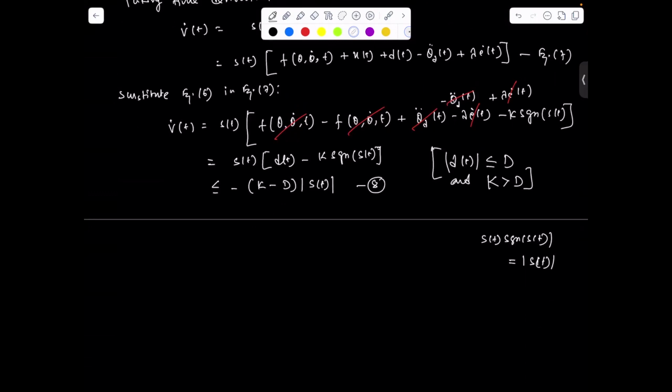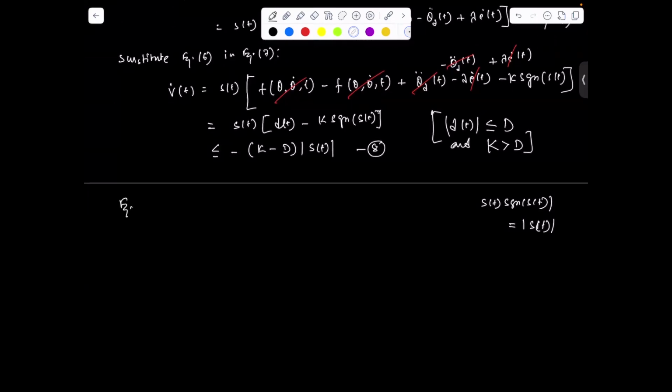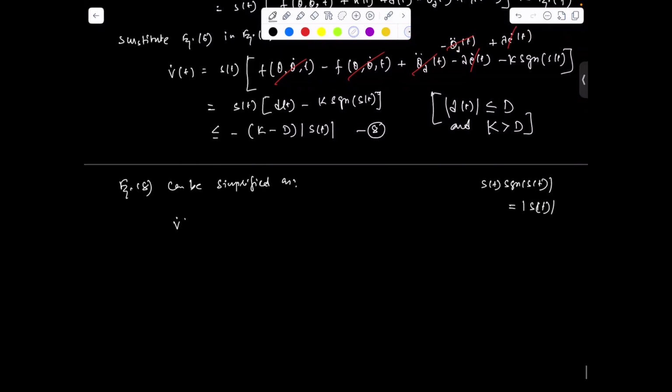So equation 8 can be simplified as V dot less than or equal to minus root 2 (k minus d) root over V(t).